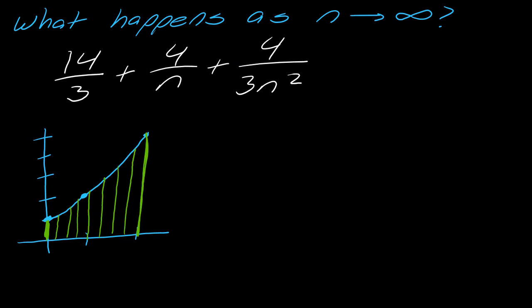Well, we already know that plugging in these low numbers gives us a kind of crappy estimation for the area. So what happens as n goes to infinity? From a visual standpoint, what does that look like? Basically, the ideal Riemann sum would be found by taking the smallest possible rectangles, right?